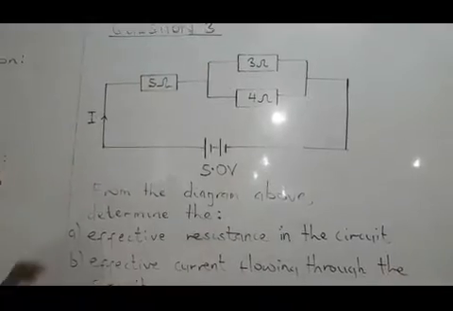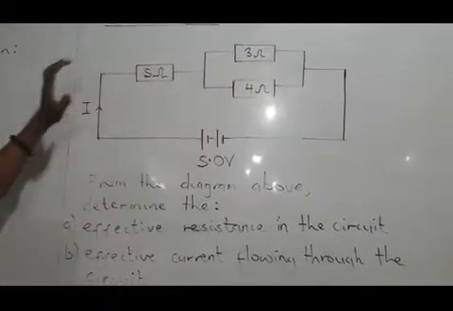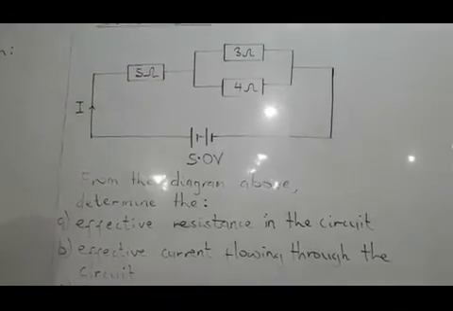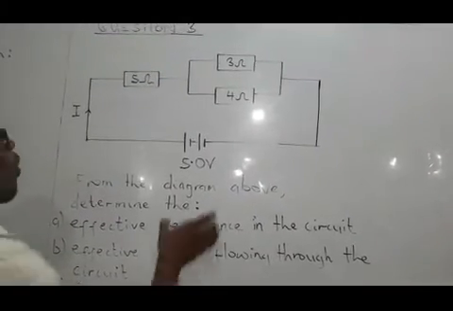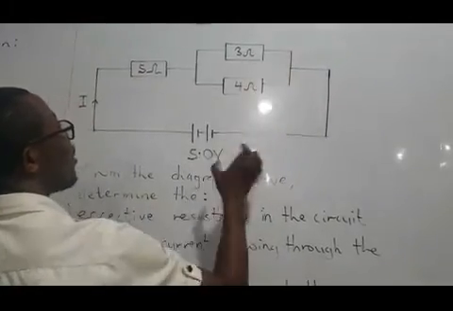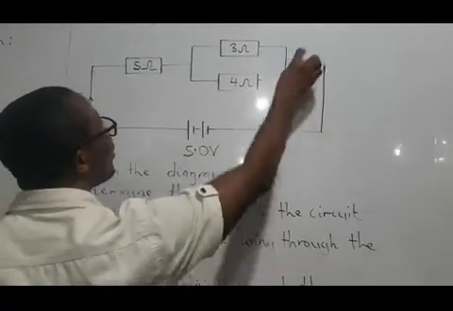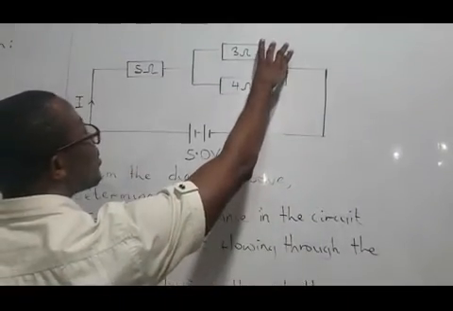So if you have a question of this sort, which involves both parallel connection and series, for you to find the total resistance in the circuit, you first of all have to look for the total of the parallel resistors. So first of all, consider this portion. That's the parallel connection. Determine the total resistance here.